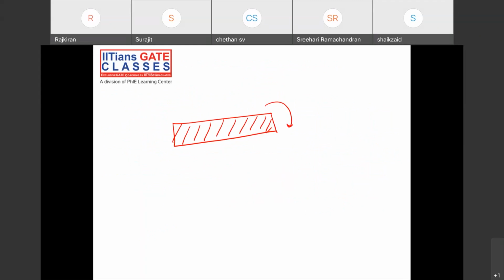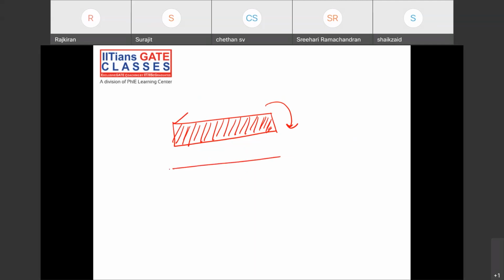I'm telling you this is a tube completely filled with liquid. So if you tilt it, can you see anything moving? No, because it is completely filled, right?